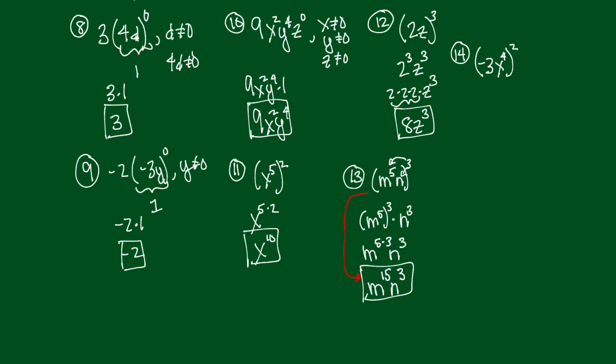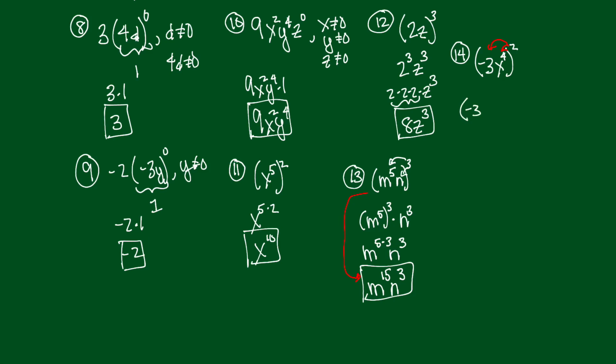In 14, look at the base. The base is a product. So I'm taking a product and raising it to a power. I know what to do here. As long as it's a multiplication or division inside here, I can distribute the power. So I'm going to distribute that 2 over here to the negative 3 and then to that x to the 4th. If I write it all out, it's going to look like this.